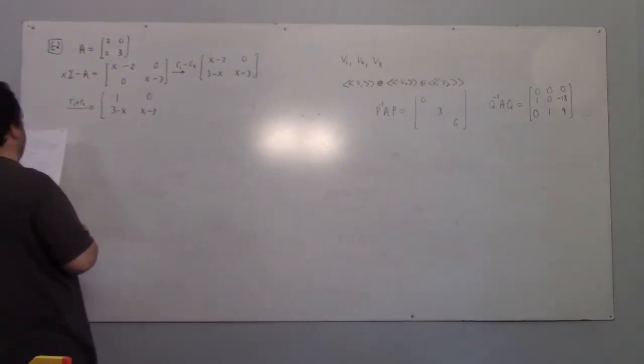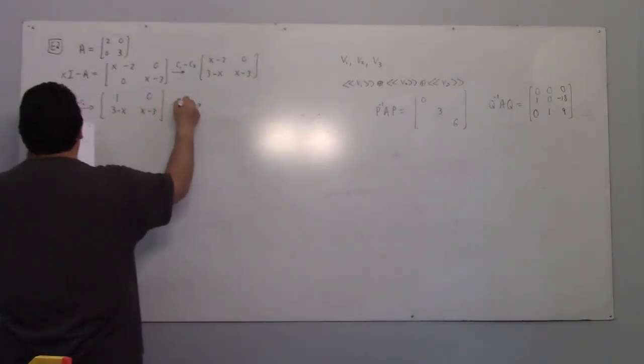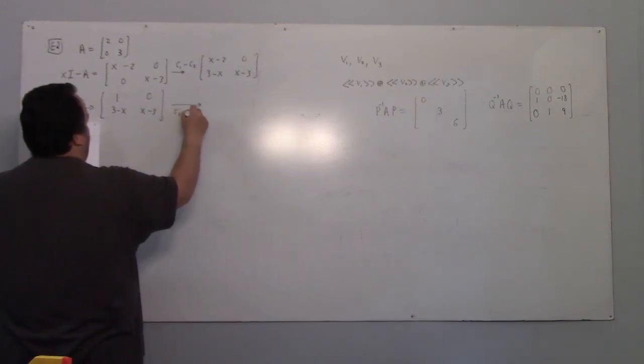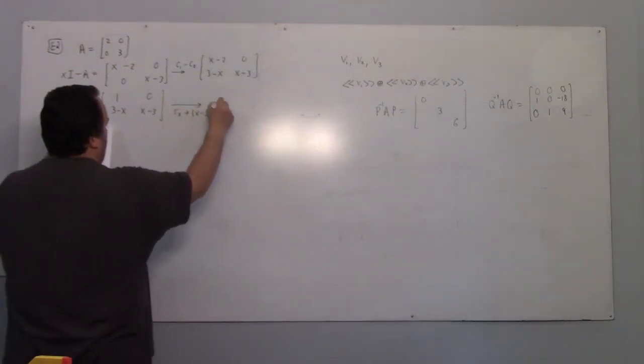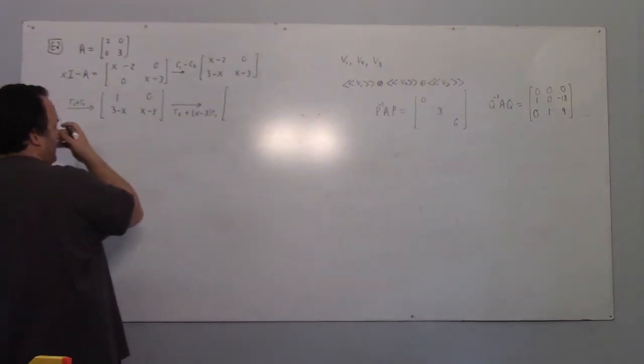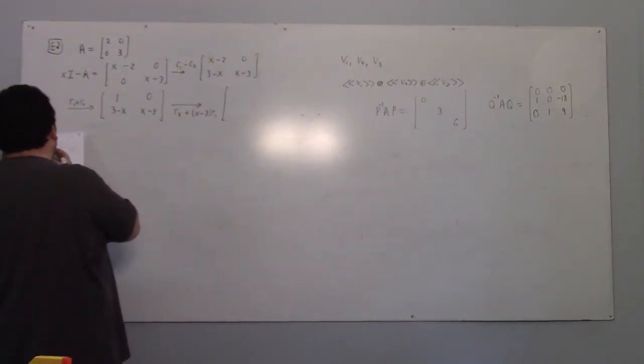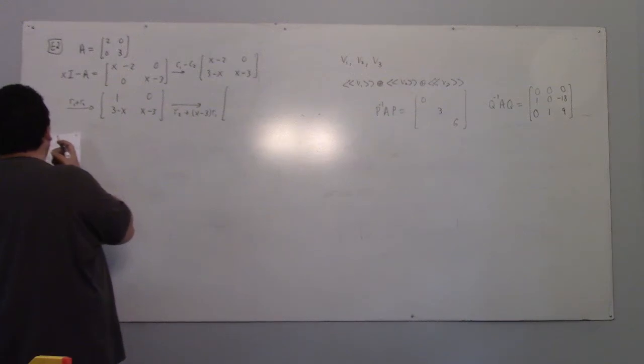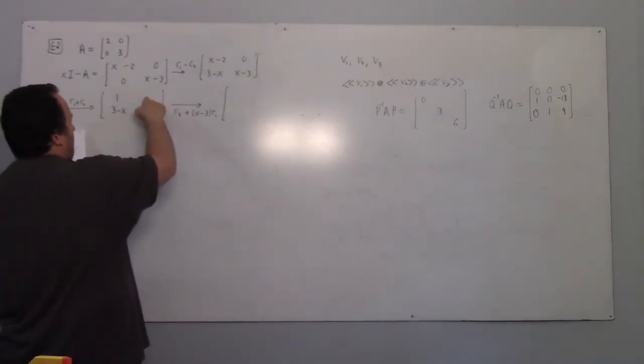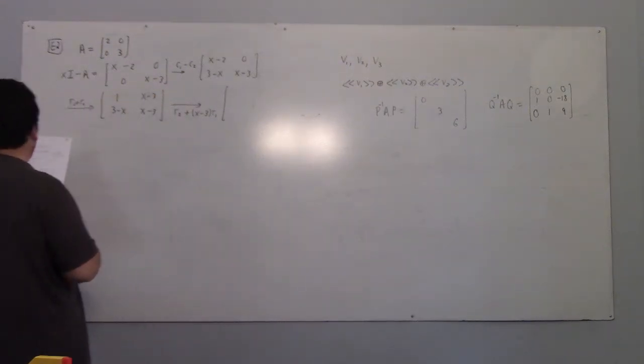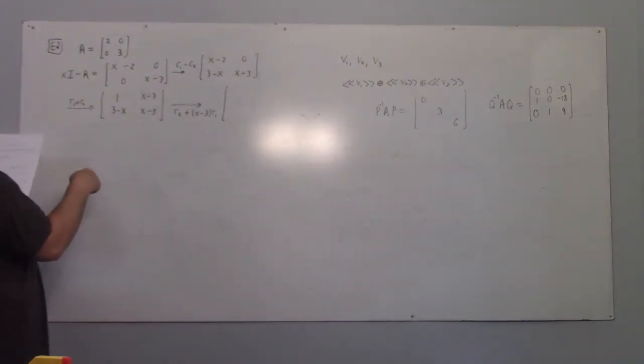And then you add columns. Then I did row 2 plus x minus 3 times row 1. I'm sorry, I made a mistake here. Just a second. Row 1 plus row 2, so I had to put an x minus 3 up here too. Now row 2 plus x minus 3 times row 1.